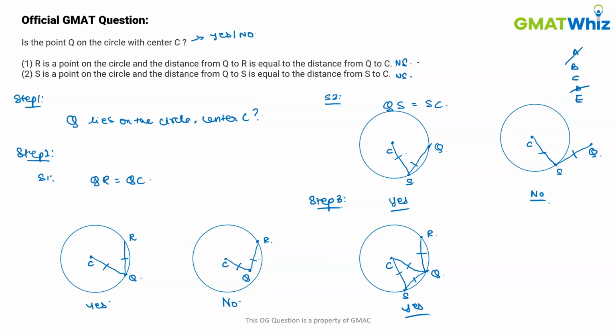Similarly, let's take a contradictory scenario. Let's draw the center C, point R, S, and let's take Q outside this time. Joining the points as per the information in statements 1 and 2, we have SC equal to QS and QR equal to QC.